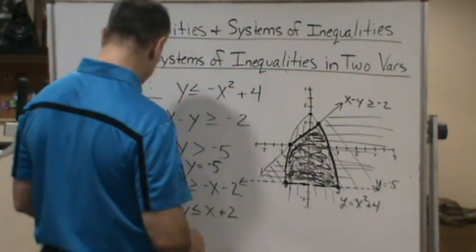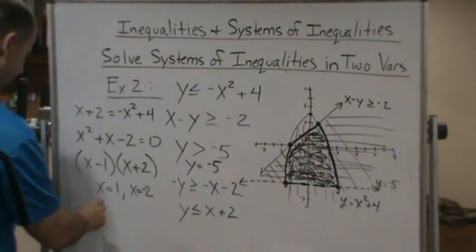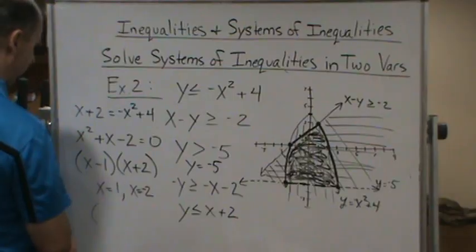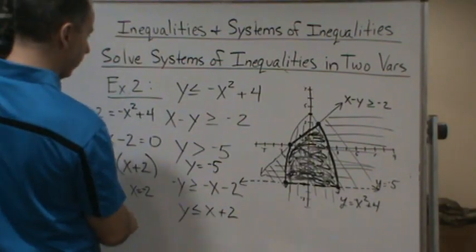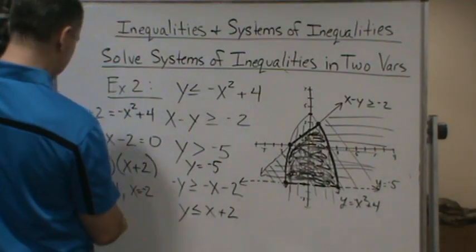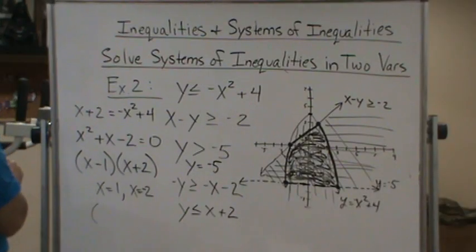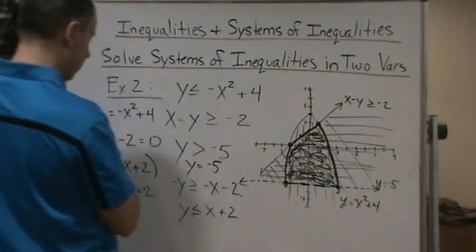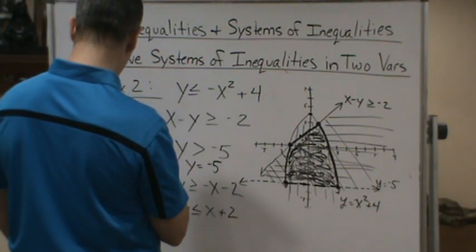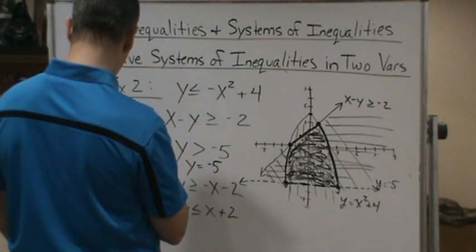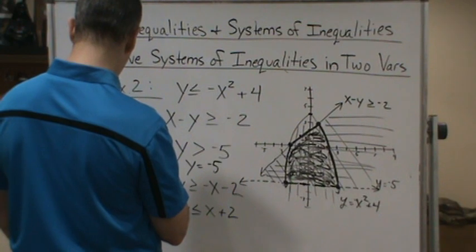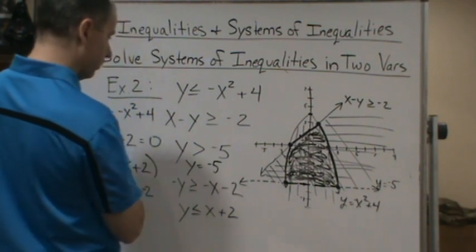So it intersects there. So one intersection point is going to be what? 1. We just have to plug in 1. So if we plug in 1, we get 3.